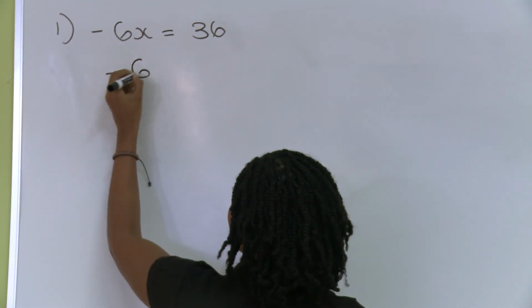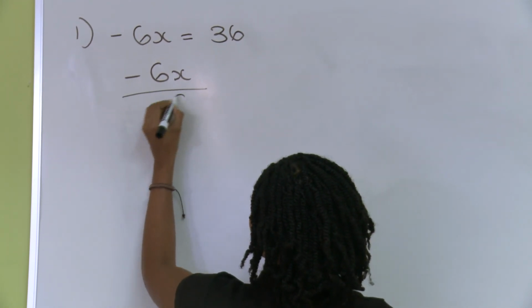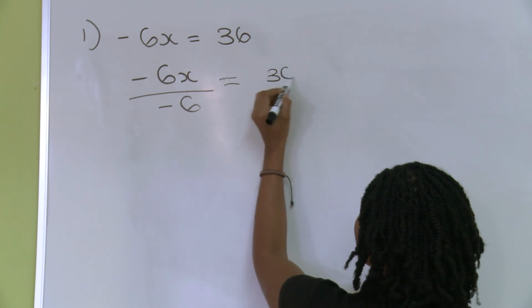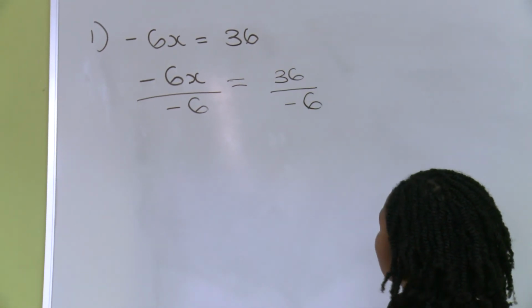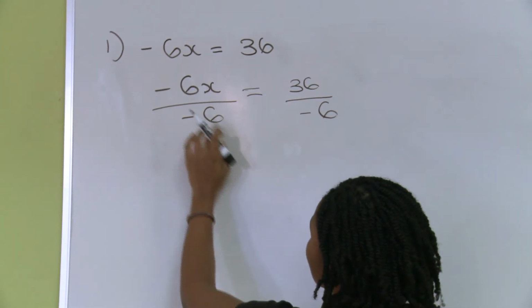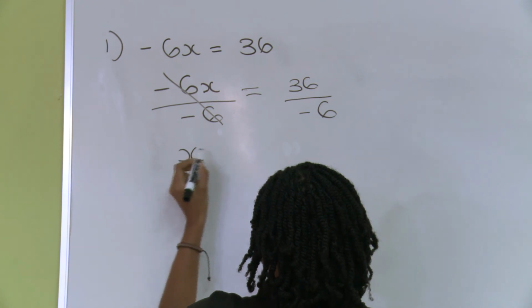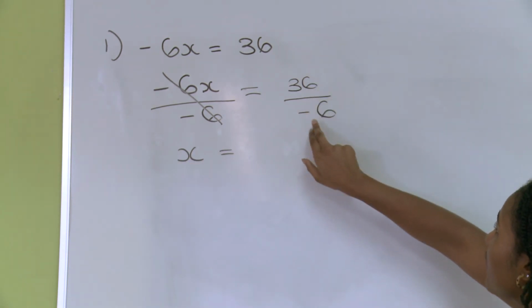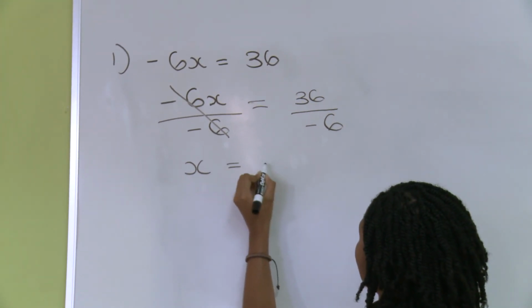So for our left-hand side, we're dividing by negative 6, and for our right-hand side, we're also dividing by negative 6. So negative 6 into negative 6 is 1. Therefore, we have x is equal to 36 divided by negative 6, which leaves us with positive 6.